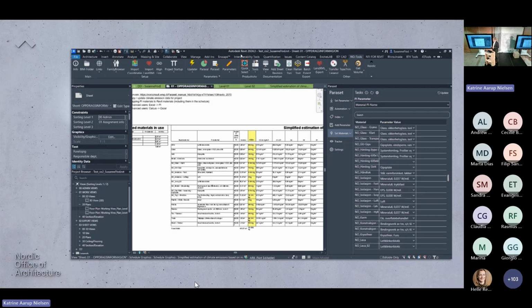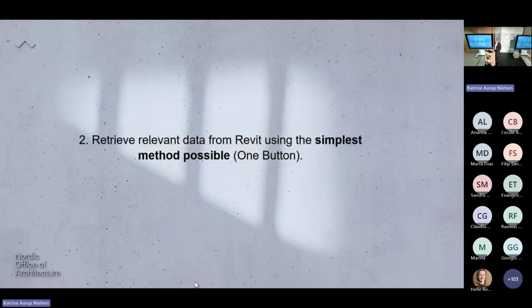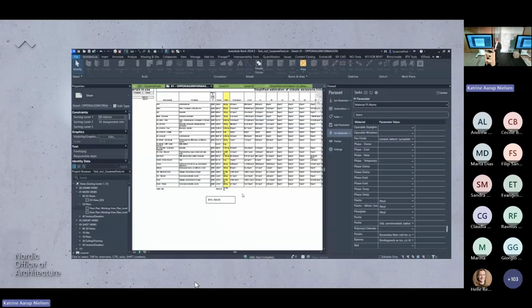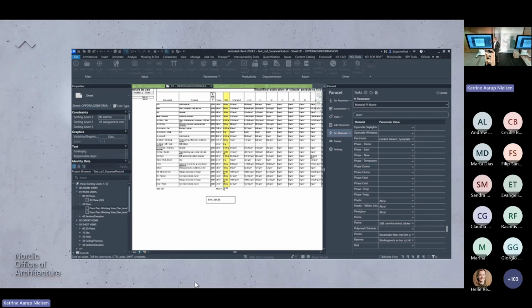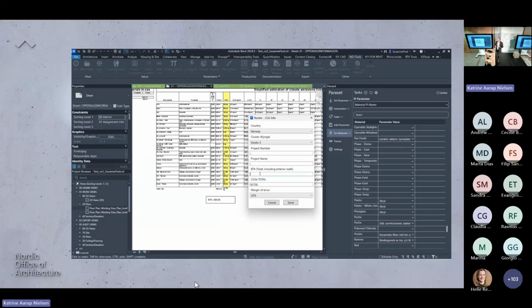Most of our objects in Revit have a quantity associated with them, whether it's in pieces, square meters, or cubic meters. And now we get this directly into Revit. And we're having this button here, and we create a report based on one click directly in Revit.